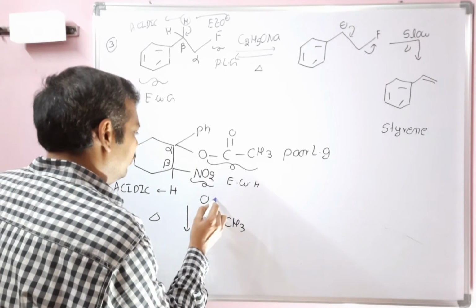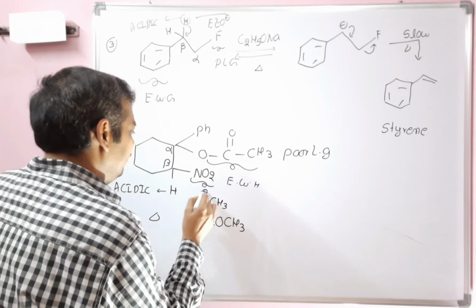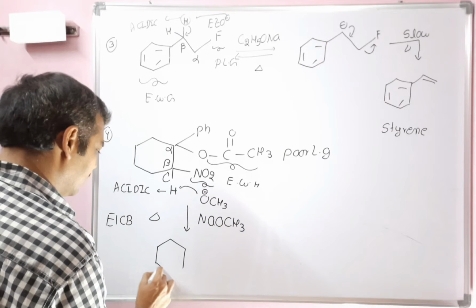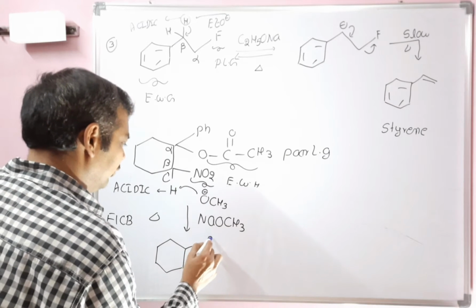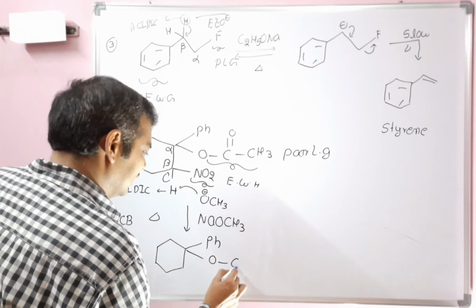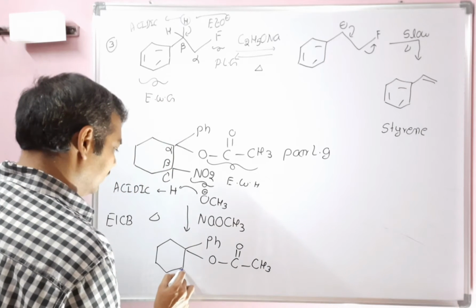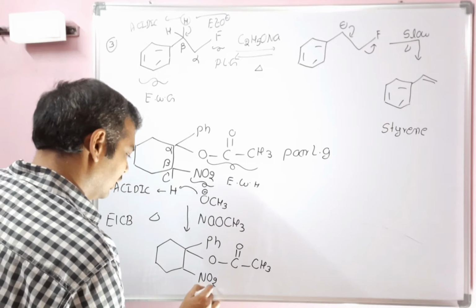So CH3O minus will abstract a proton at the beta carbon to give a carbanion intermediate: phenyl group, O-acetyl group, this is acetate, then nitro carbanion.